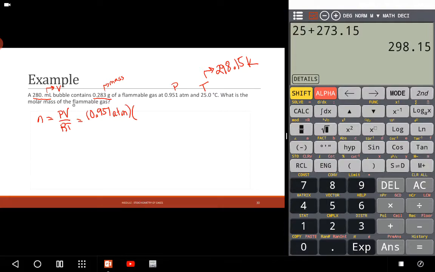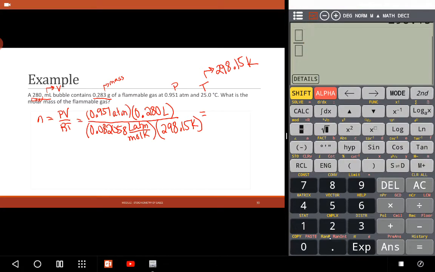Volume was 200 milliliters, and I'm going to have to convert that into liters by dividing by 1,000, so 0.280 liters. My R is 0.082058 liter atmospheres per mole Kelvin. And then my Kelvin temperature is 298.15 Kelvin. So I can calculate my moles of gas now.